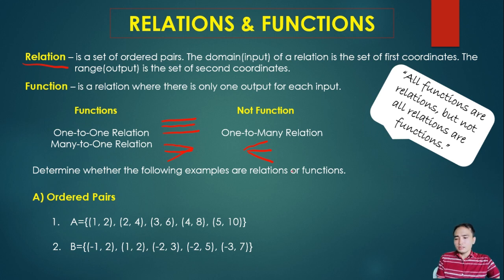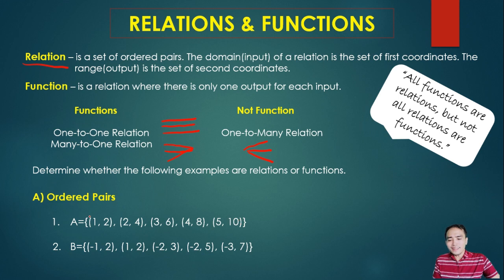Okay. So, determine whether the following examples are relations or function. We have different ways or meron tayong iba't ibang paraan para ma-determine natin kung yung given example ba are relations or functions. First, we have the ordered pairs. Okay, number 1, A is equal to (1, 2), (2, 4), (3, 6), (4, 8), (5, 10).